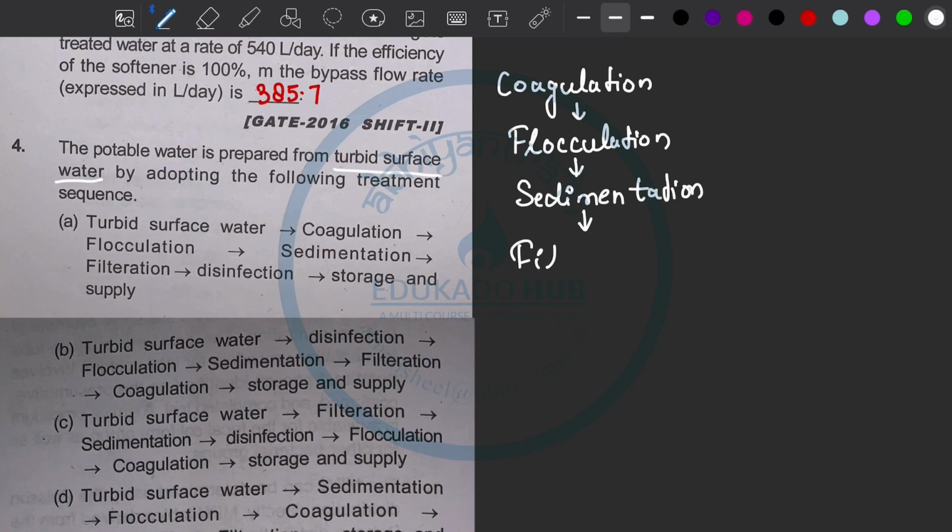After sedimentation, water is filtered, and then disinfection, then storage of the water and supply.